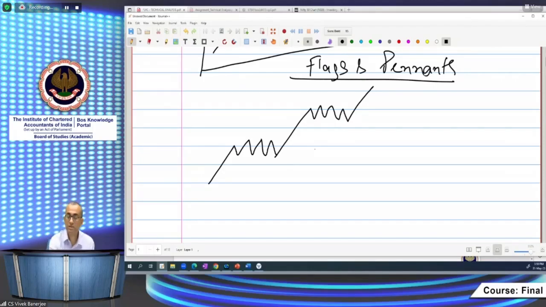So basically it is in the form of a flag. It is showing a sudden uptrend, then it is somewhat coiled, and then it again increases, showing a certain trend. So this is a flag formation. Whenever this sort of flag formation happens, it suddenly gives a trend.